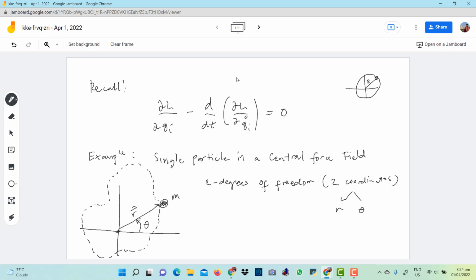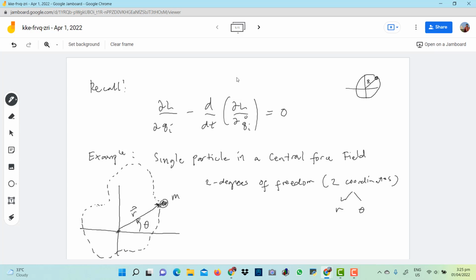Again, when r is constant, only theta is the coordinate of your system, and the motion will just be a circular motion with 1 degree of freedom.